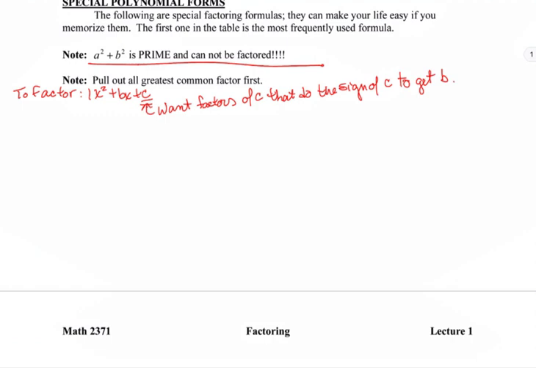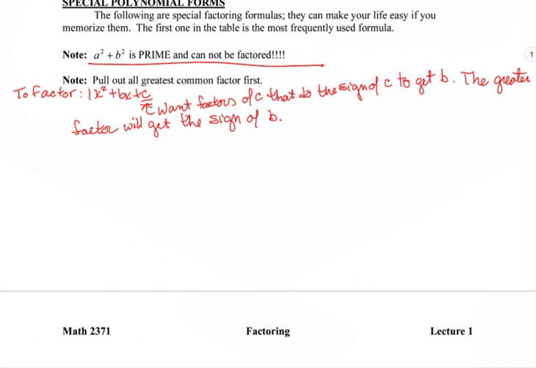The greater factor will get the sign of b.